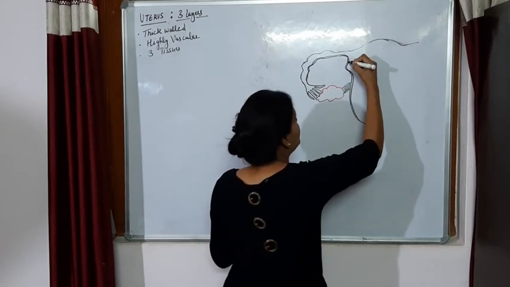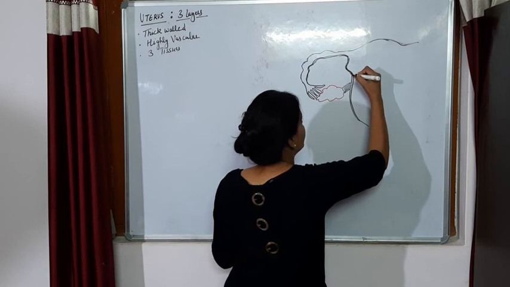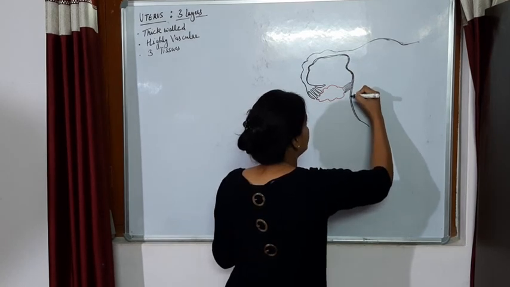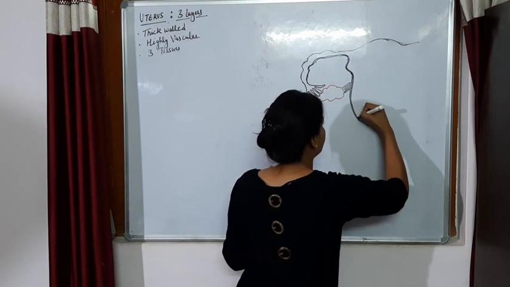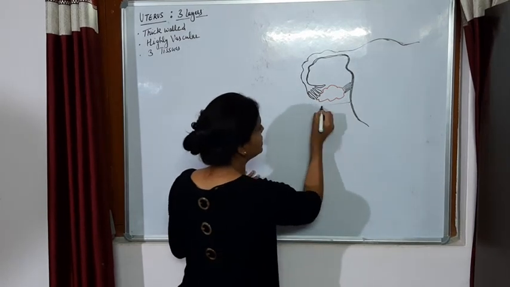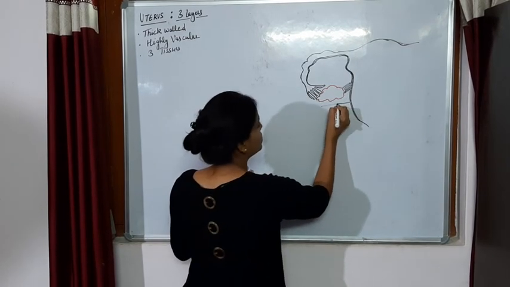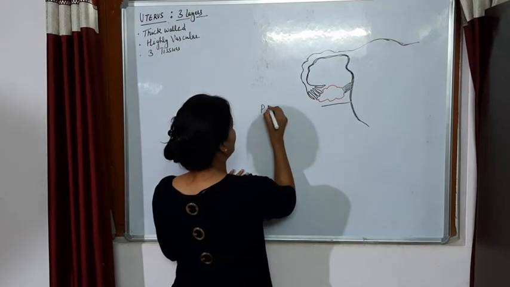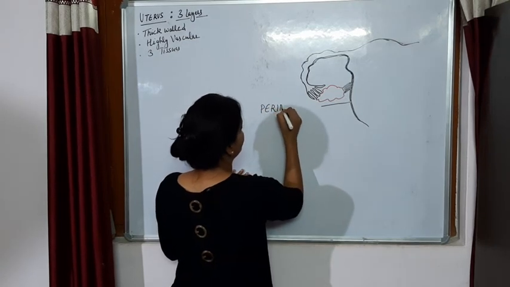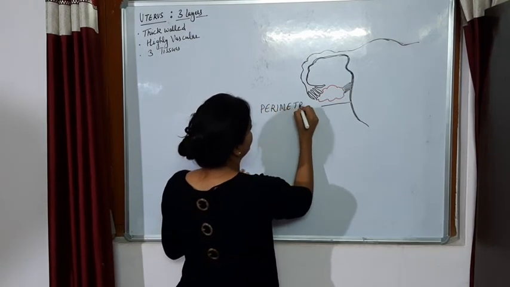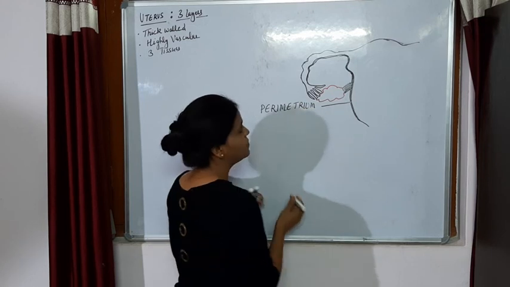Now the outermost, I'm making it darker in color. So this is the outermost, and it is called the perimetrium, right? So this is the first.